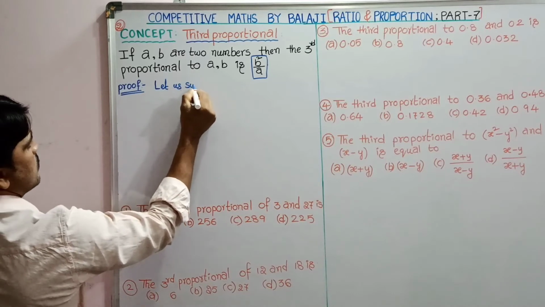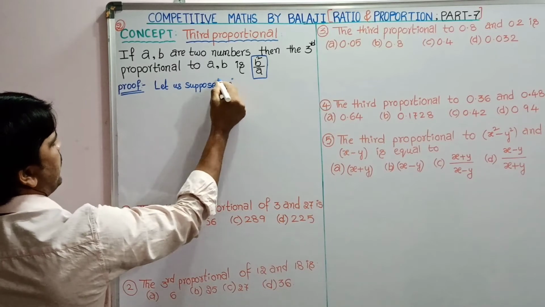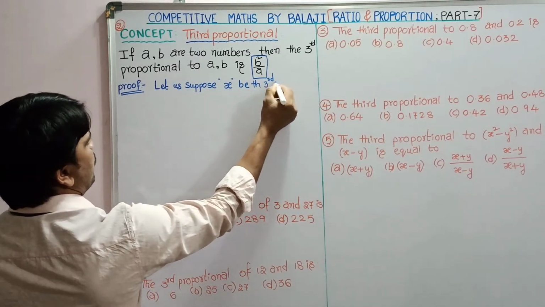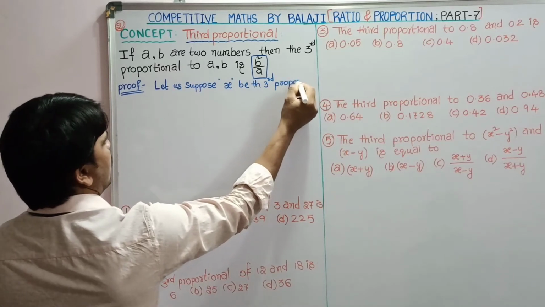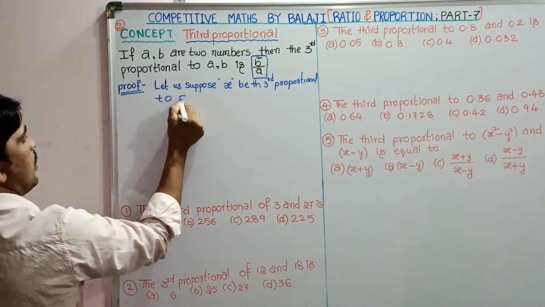Let us suppose x be the third proportional to a, b.